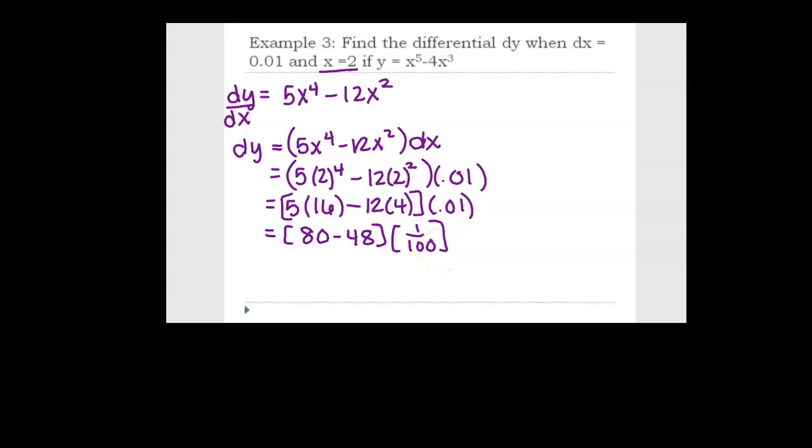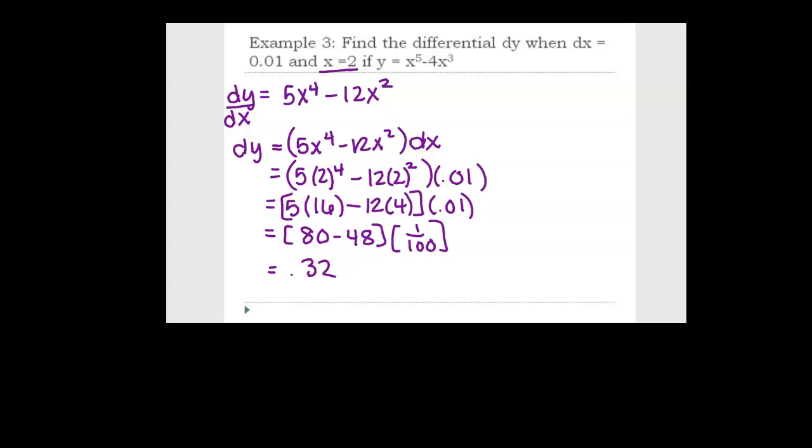So 80 minus 48 is 32. So we get 32 times 1 over 100, or 32 over 100, which is 0.32. I'm thinking that would be a non-calculator question.